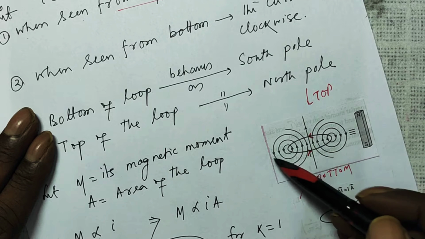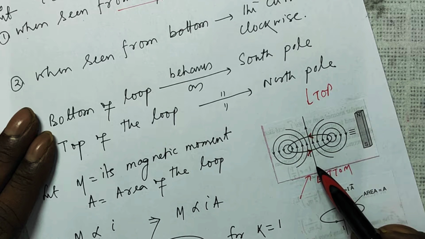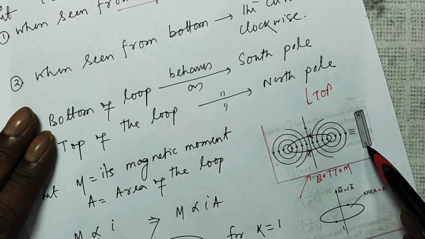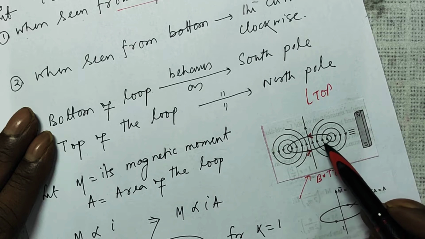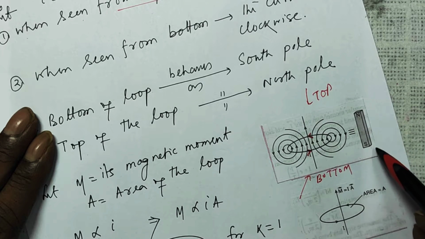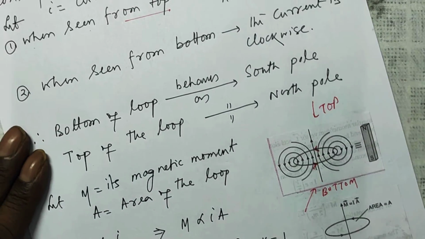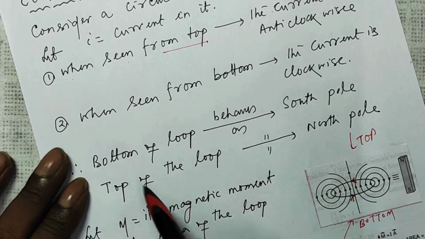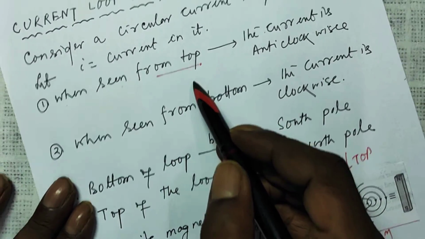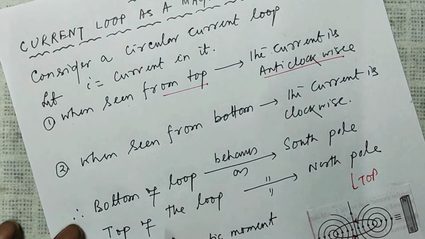These are the magnetic field lines. And I will explain why the bottom side behaves as the south pole and the top side behaves as the north pole. Therefore, this current carrying loop behaves as a magnetic dipole, means like a bar magnet. I will explain how these lines of force are like this. When seen from the top, suppose the current is anticlockwise.